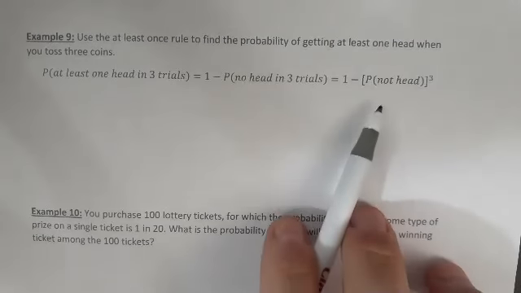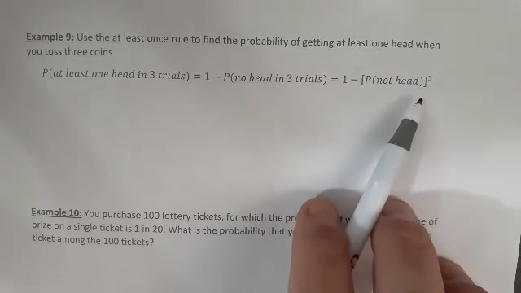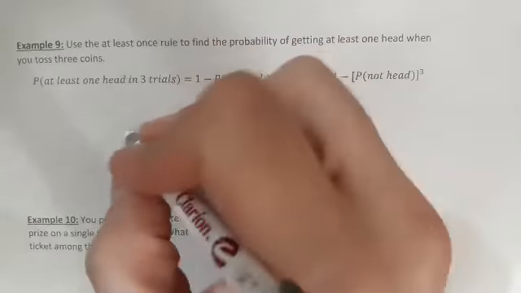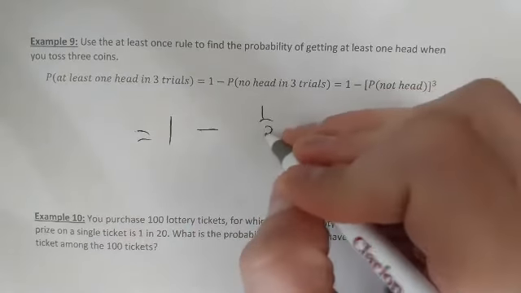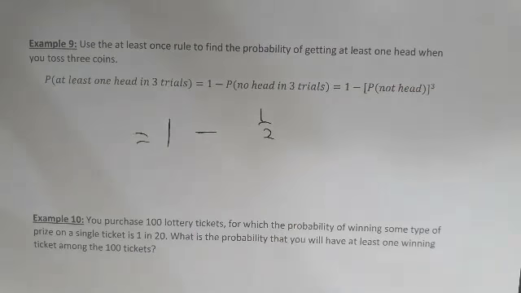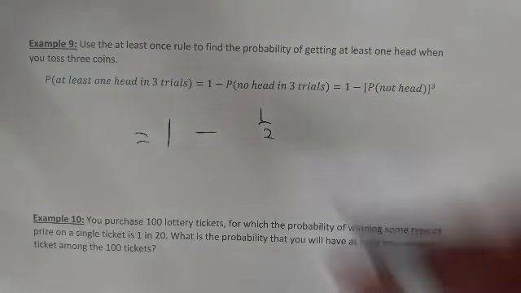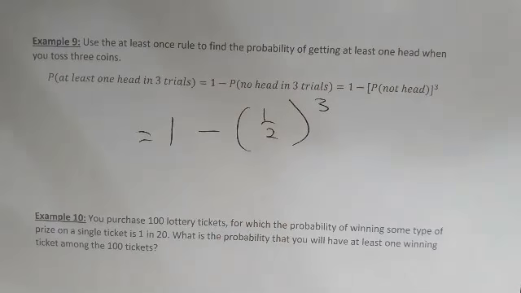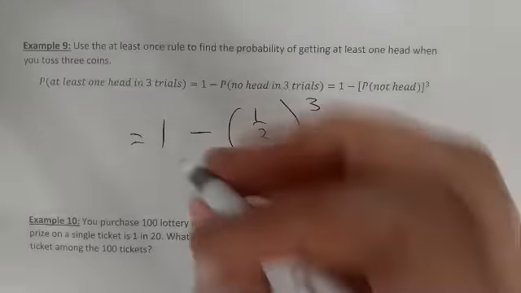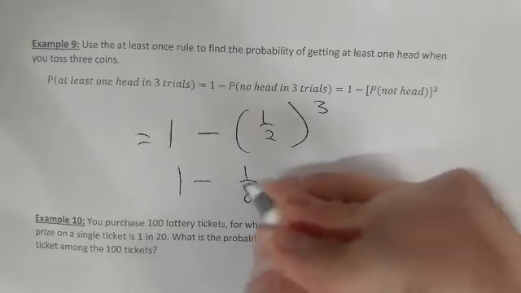That's 1 minus the probability that we're not getting a head 3 times. So this is equal to 1 minus the probability of not getting a head, which is the same thing as the probability of getting a tails, which is a half. And I'm doing this to the 3rd power. So a half times a half times a half should give me 1/8.